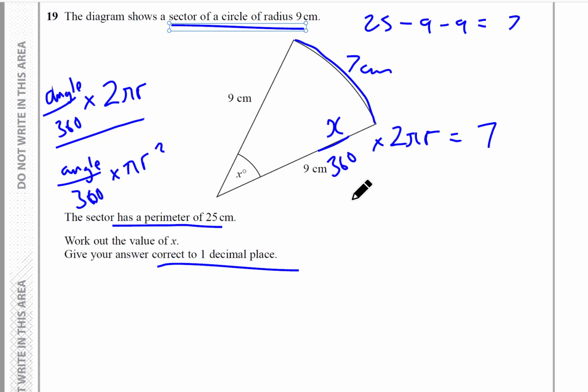R is 9. So we have x over 360 times 18 pi equals 7, and we just rearrange that. Let's times out by 360.